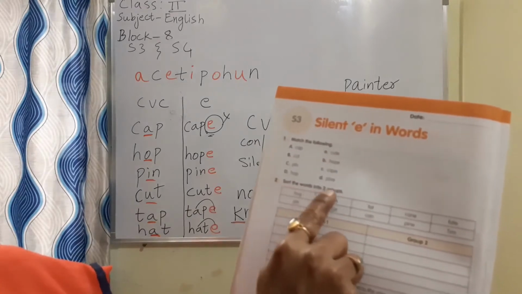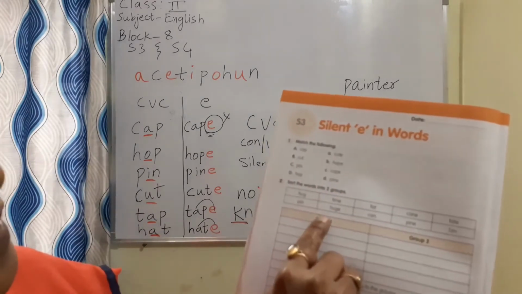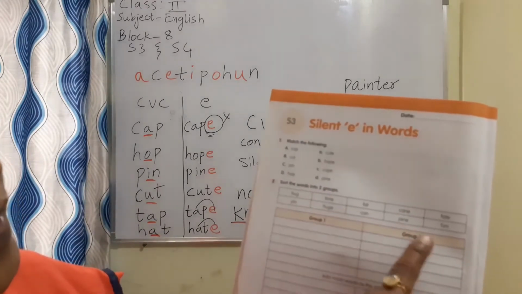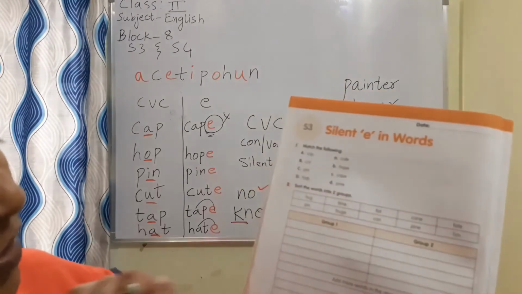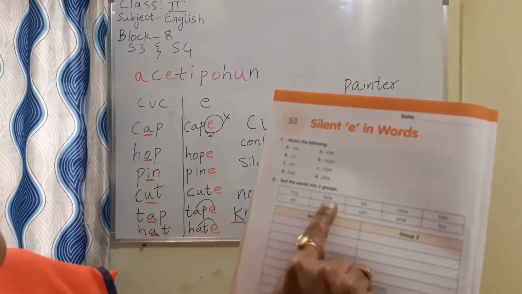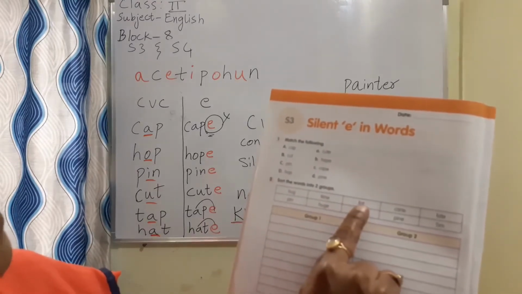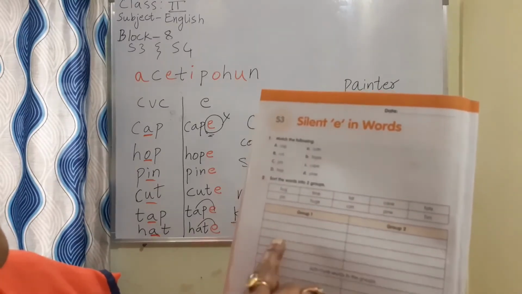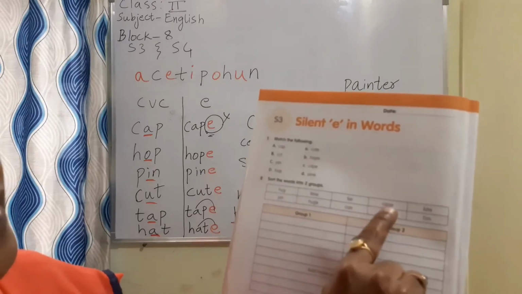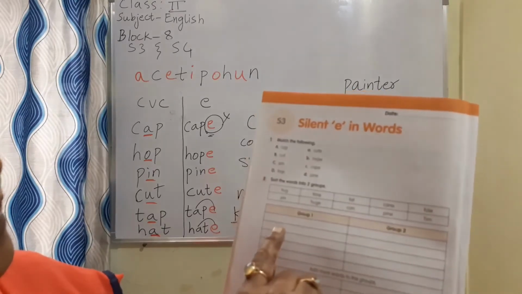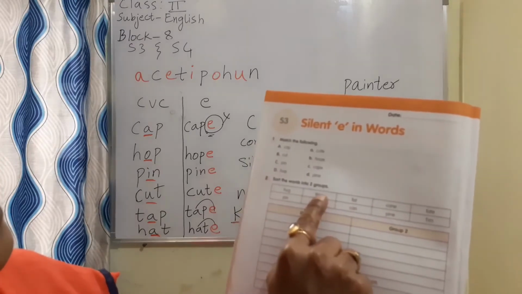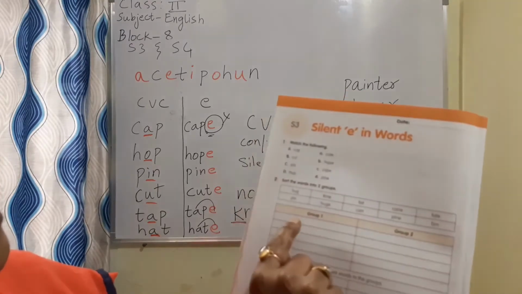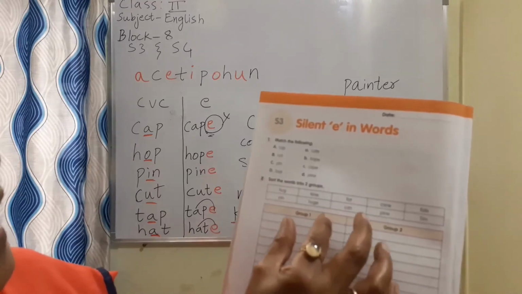Like that you have to match. Next one is sort the words into two groups. Here they have given us group 1, group 2. How will you divide the words? I will tell you now. Hug, time, fat, cane, fate, cafe, can, time, pin.